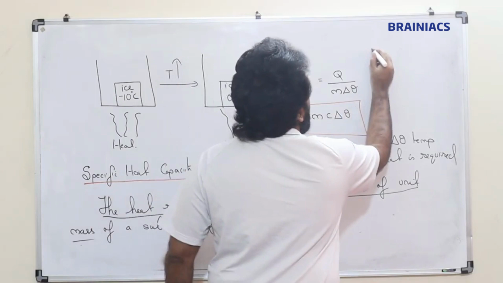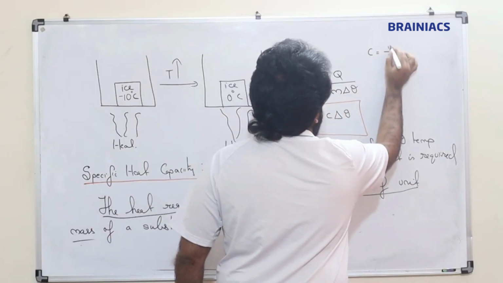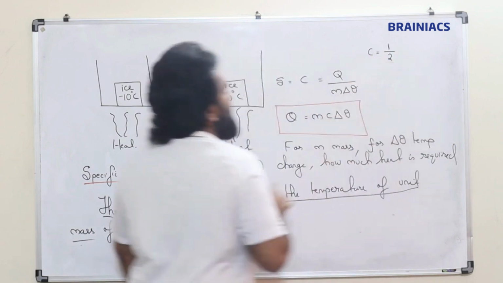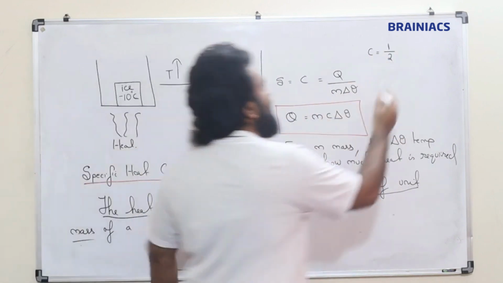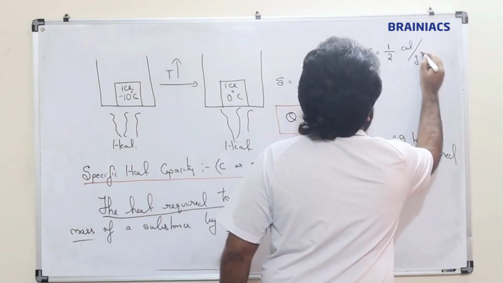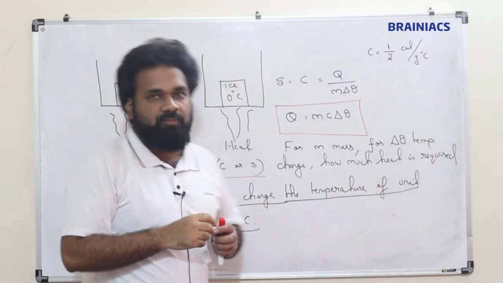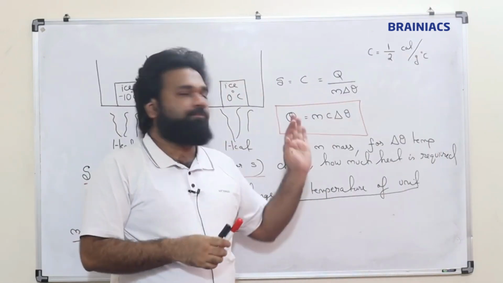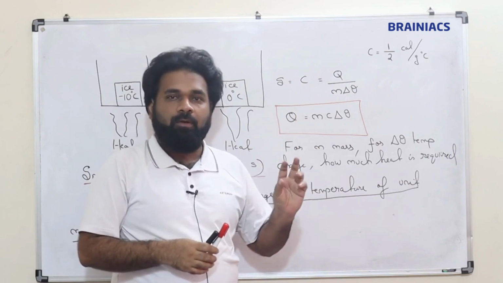So specific heat capacity of ice is nothing but 1/2 calorie per gram degree Celsius. Okay, calorie per gram degree Celsius. We do it in gram. Only very few questions we will be using kilogram, Kelvin and all.